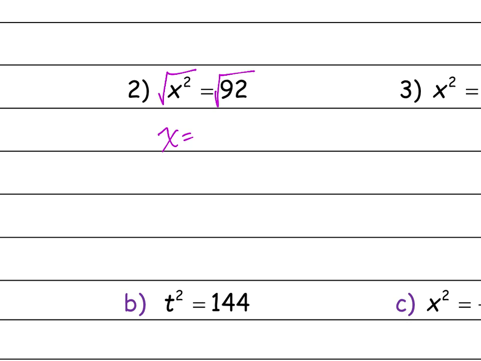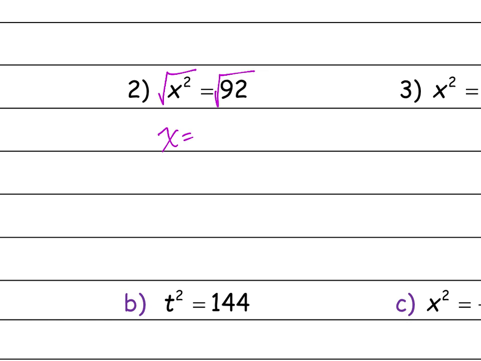92 divided by 36, nope. 92 divided by 4, let's go, there we go.